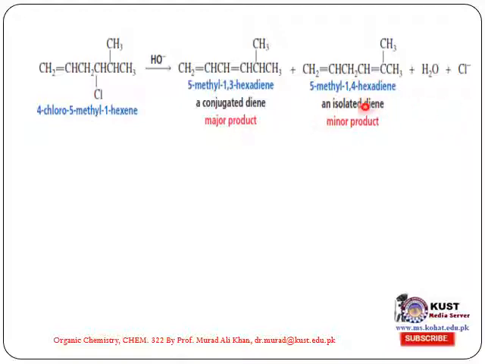On the other hand, if the proton is removed from this carbon, we will get 5-methyl-1,4-hexadiene, and this is the more substituted. The carbon having the double bond has more substitution, but it is a minor product. Why? Because the conjugation gives more stability.